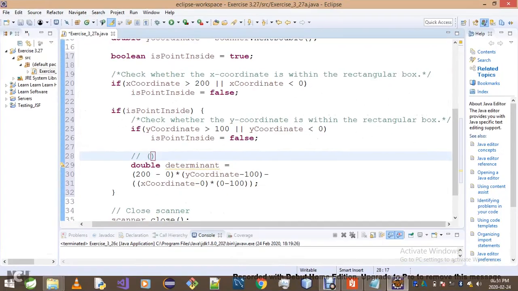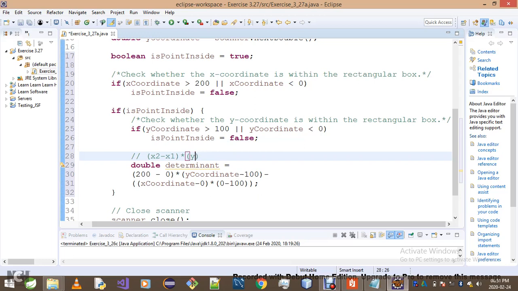So my formula simply says y2 minus y1... x2 minus x1, right? You multiply that by your y coordinate. I will simply put it as y.